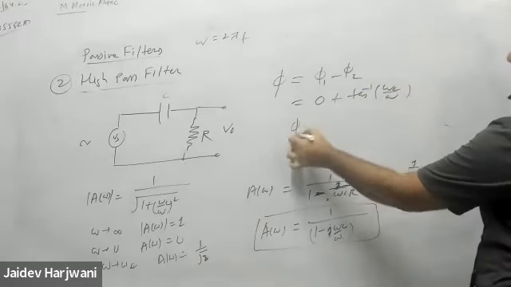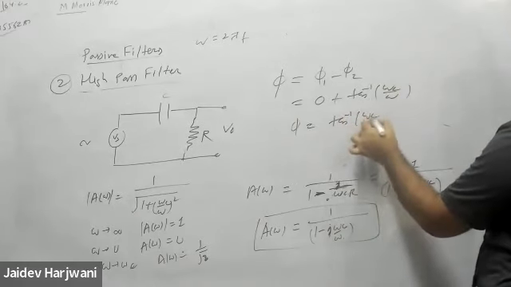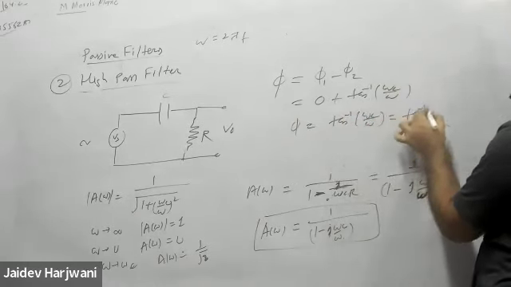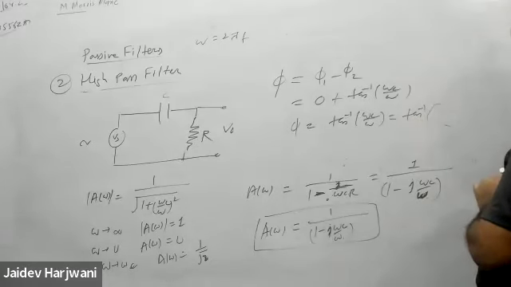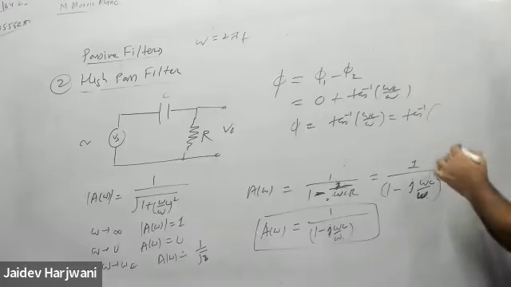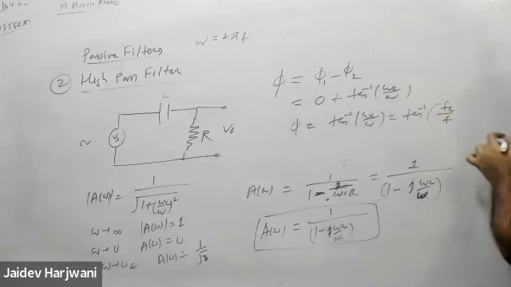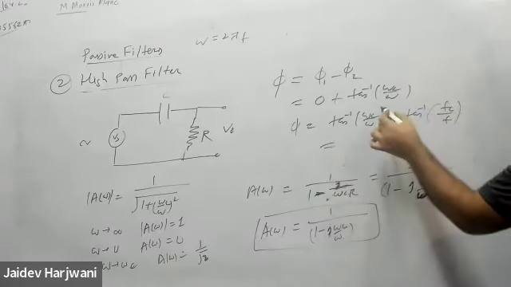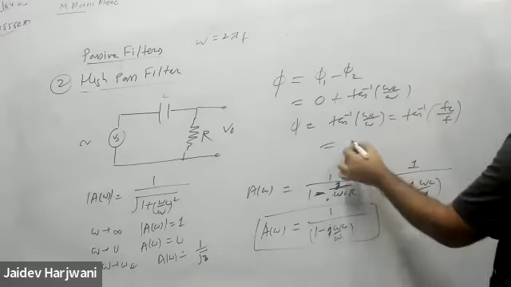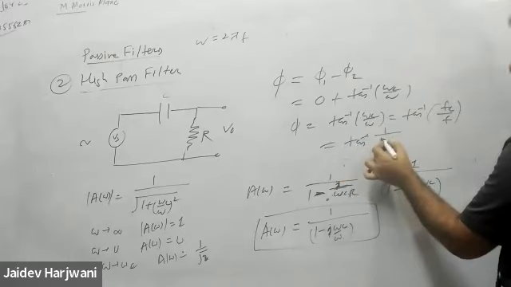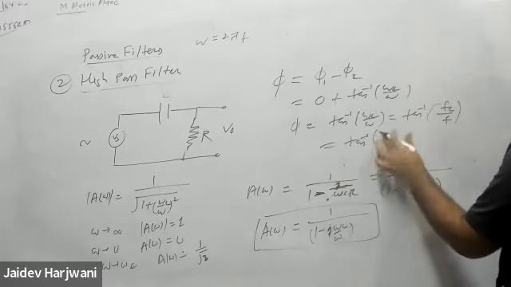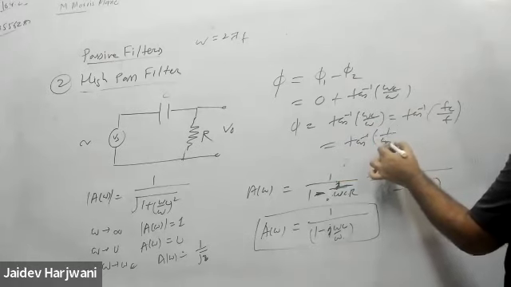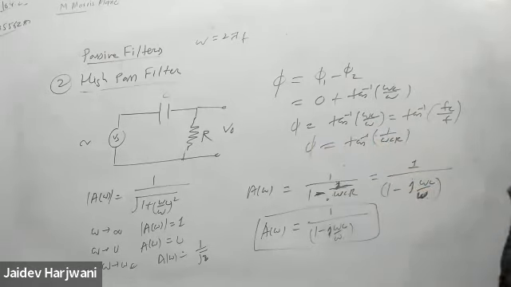So the phase will be tan inverse of omega C upon omega, or tan inverse of fc upon f. Or if you put in the value of omega C, it will be tan inverse of 1 upon omega CR. That is the phase.